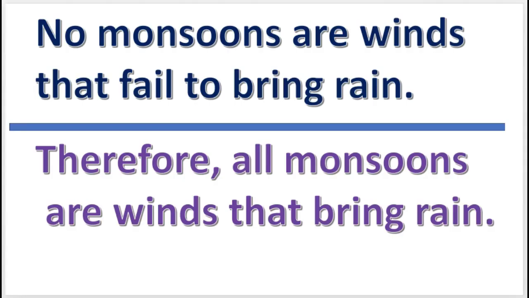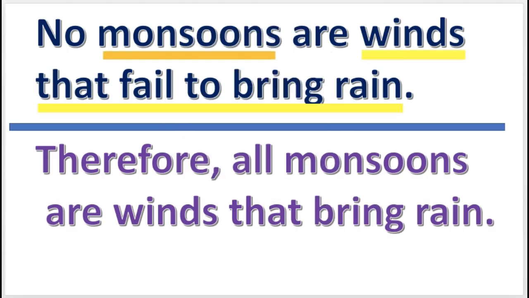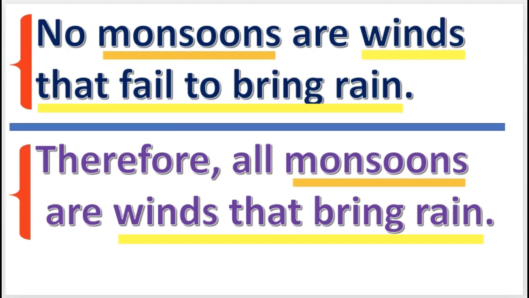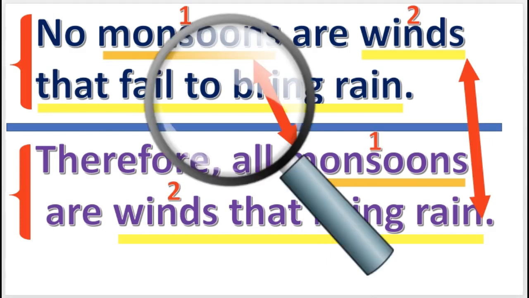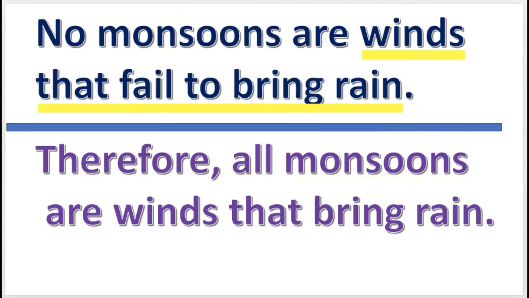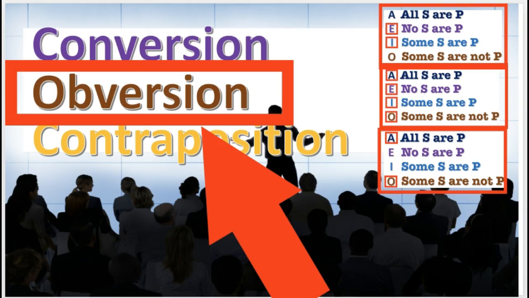All right, let's use these operations to evaluate inferences. If you're given this inference, you first compare the subject and predicate terms in the premise to the terms in the conclusion. You will notice that the terms are in the same order, but the predicate term in the premise has been replaced with its complement in the conclusion. So this suggests obversion.